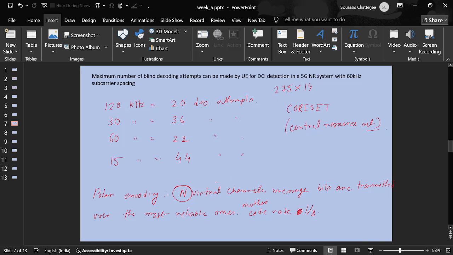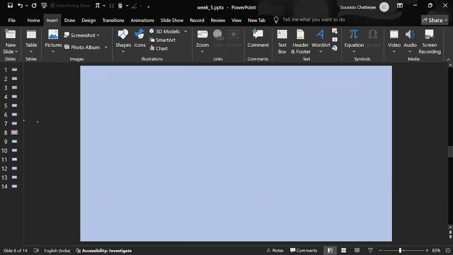Okay, so if we talk about downlink here, Nmax is 512 and for uplink Nmax is 1024.